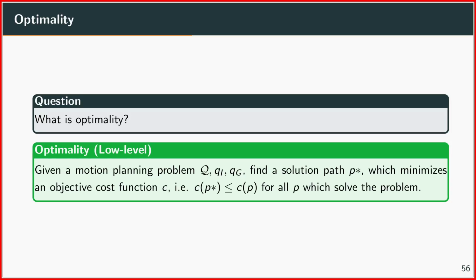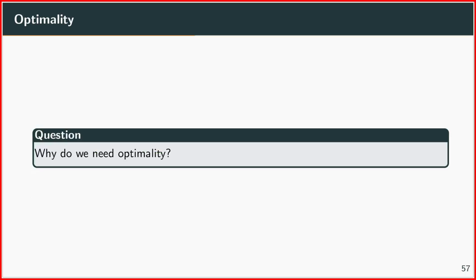So you would try to really return the path which minimizes some cost function for your problem. And so this is the way of how we define this.